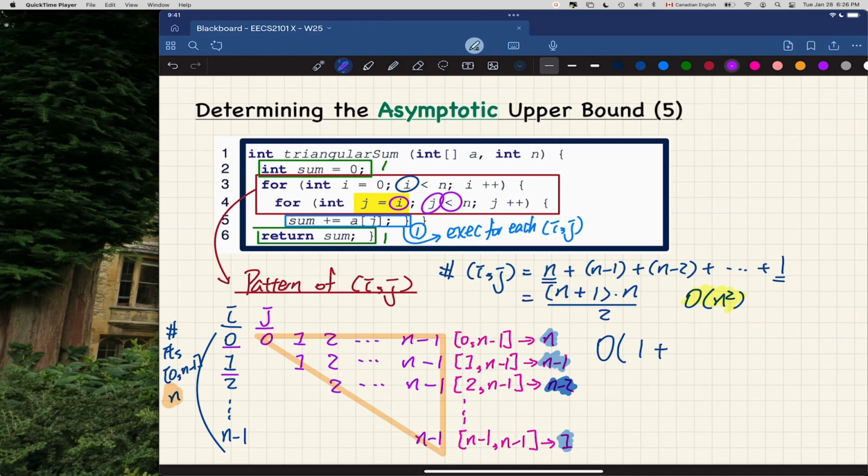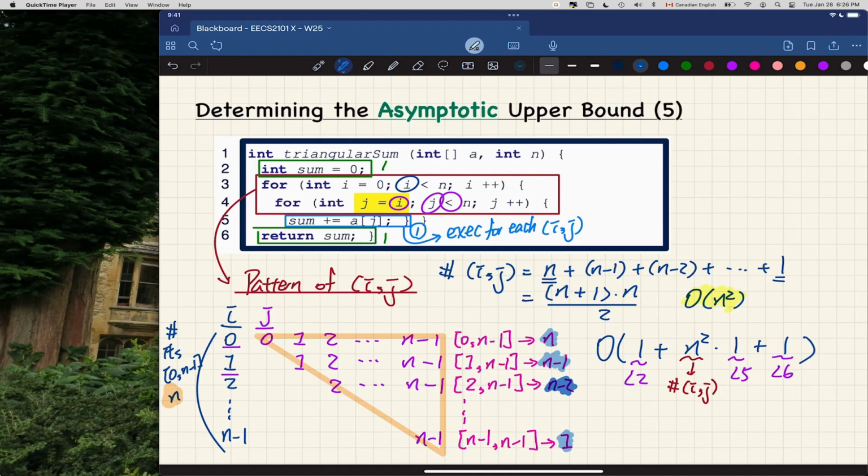So this is line number 2, the sum initialization. And also plus, we got n squared times also 1. The 1 here is line number 5. And also the n squared over here is the number of ij combinations. That's something we just figured out. And also plus, also got 1, which will be line number 6.